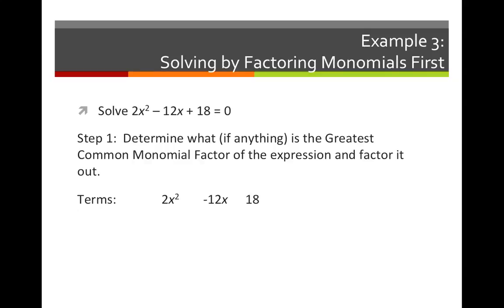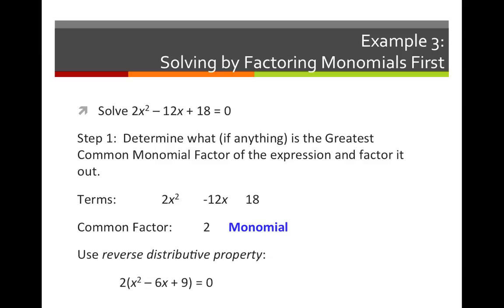As you look at these, you should be able to identify that they all have a common factor of 2. And yes, even though 2 is just a number, it is considered a monomial. Numbers, variables, or a product of the two are considered to be monomials. So 2 is a monomial, it is considered to be a greatest common monomial factor, and it can be factored out.